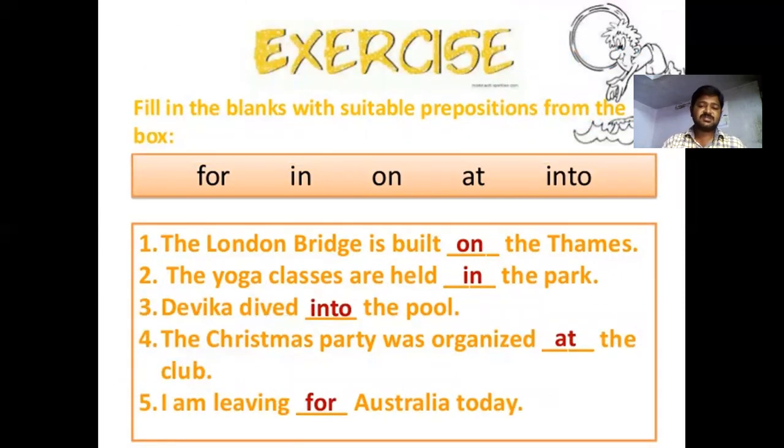The London Bridge is built on the Thames, a place preposition. On the Thames River, London Bridge was built. The yoga classes are held in the park.